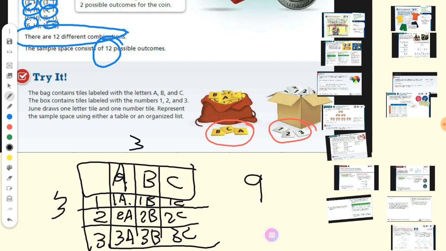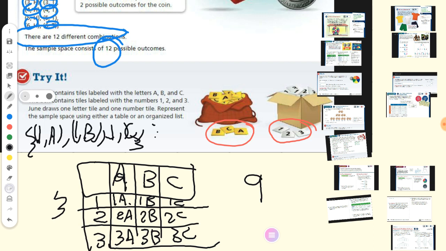And the sample space can be written as a list: 1A, comma, 1B, comma, 1C, and so on. If I asked you to write the sample space, you have to write it like this, or you may just make the table. If you make the table and say that the number of all possible outcomes is 9, it's enough for me.